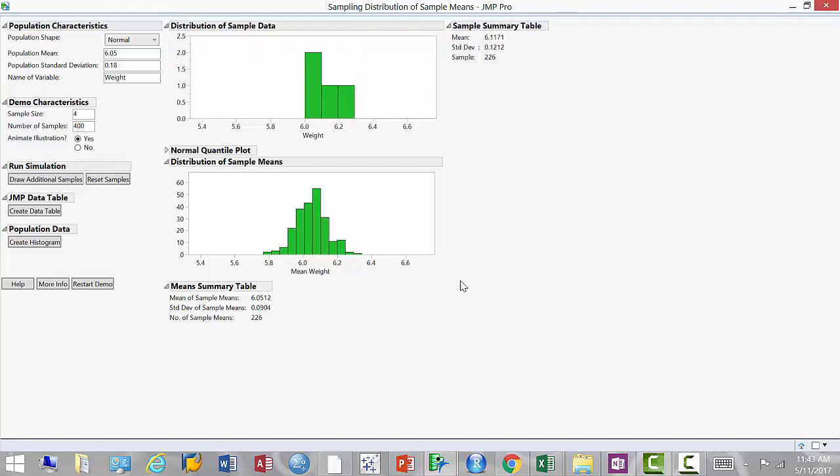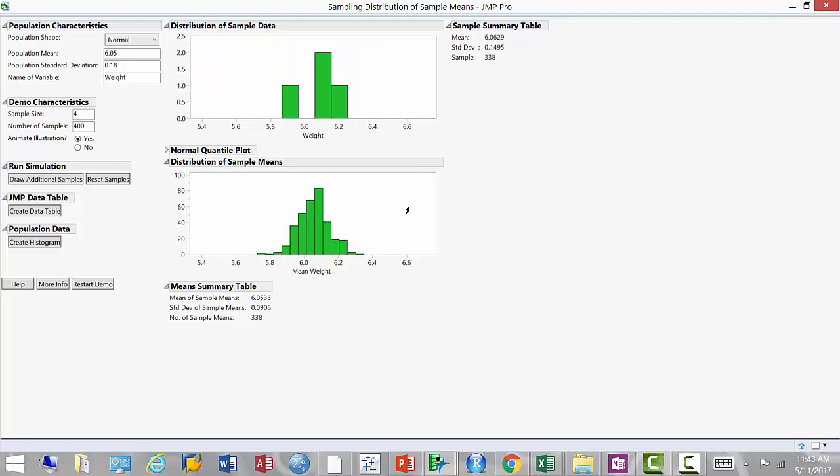So you can see that on the bottom, the picture starts to shape more and more like normal distribution. I still have some imbalances. Yours probably, if you're running that right now, yours looking different, right? Because of randomness, right? My random numbers are not the same as your random numbers, obviously. Okay, but I'm pretty much more than halfway through, and it starts to shape PDN, pretty darn normal.